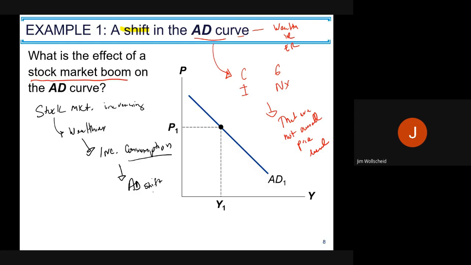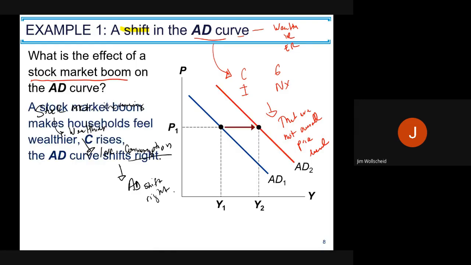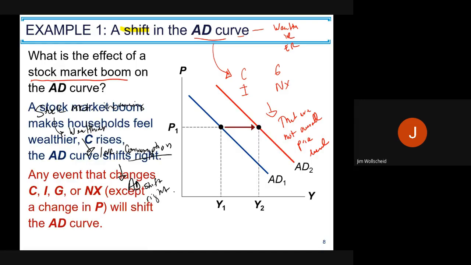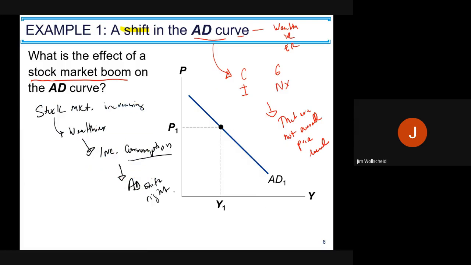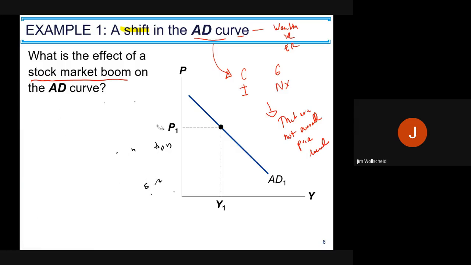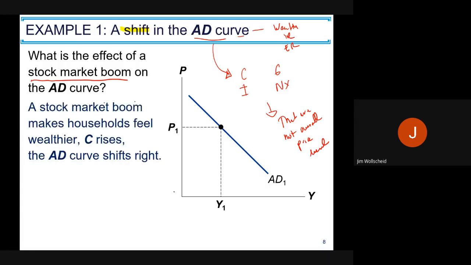And because it's an increase, aggregate demand will shift right. So just what we have here, right? Aggregate demand ends up shifting right. So because we have this increase in the stock market and we feel wealthier, we do have this increase in consumption, which shifts aggregate demand right.